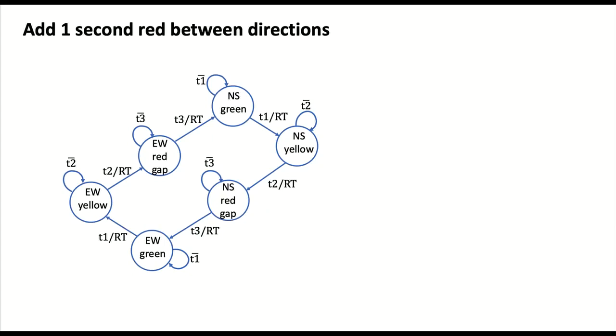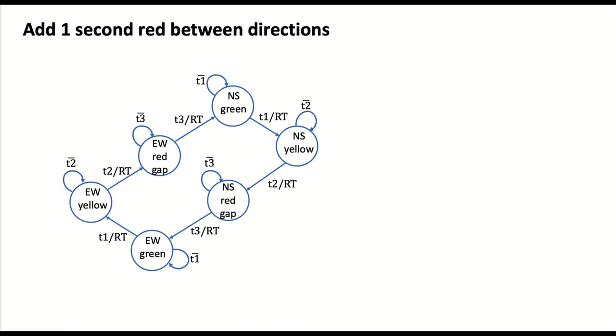Then what we need to do is actually be in a state there, and that's what this state diagram does. We have a gap. So for example, if we go from north-south green to north-south yellow, instead of going directly to east-west green, we go to what we call a gap state, where both lights are red for a very short amount of time.